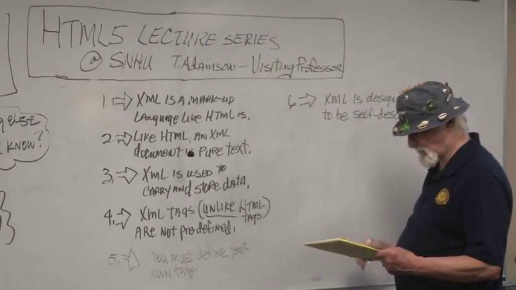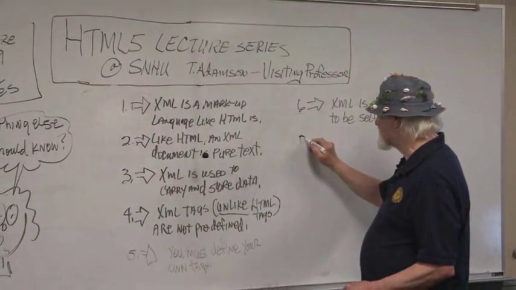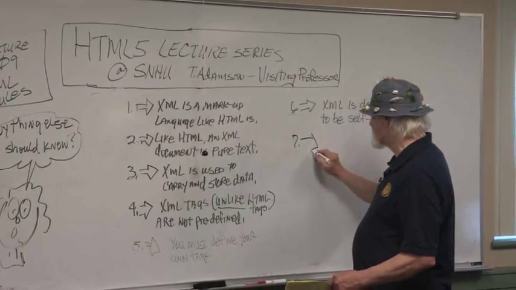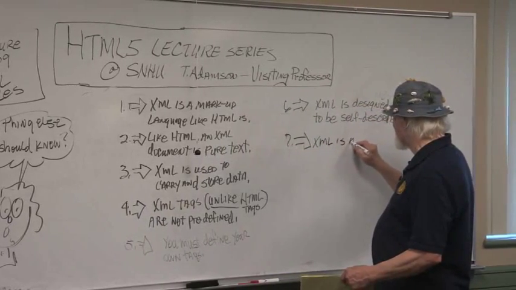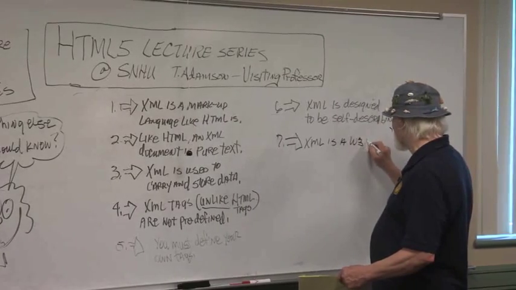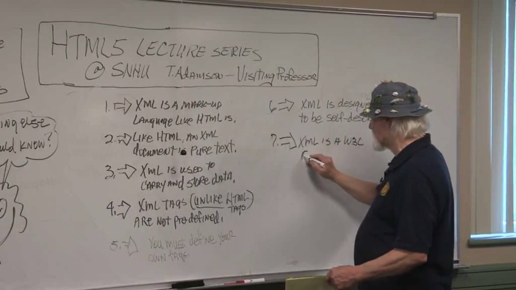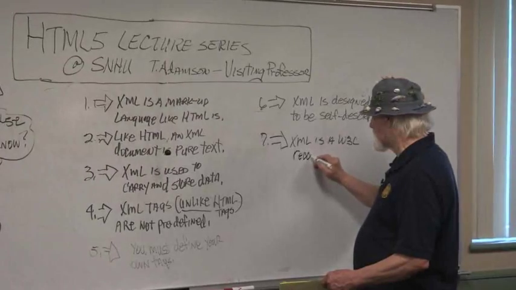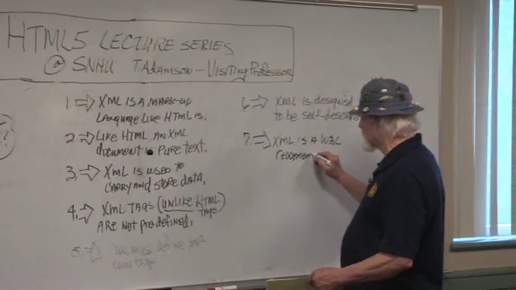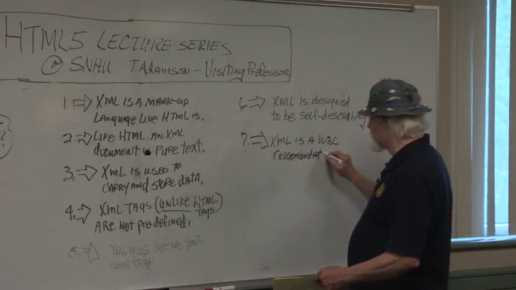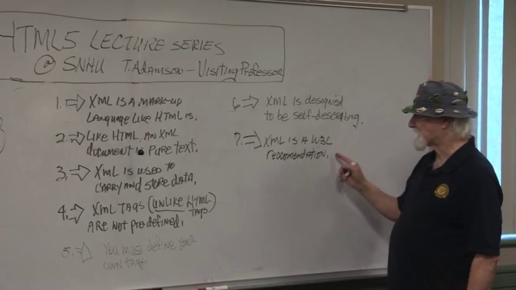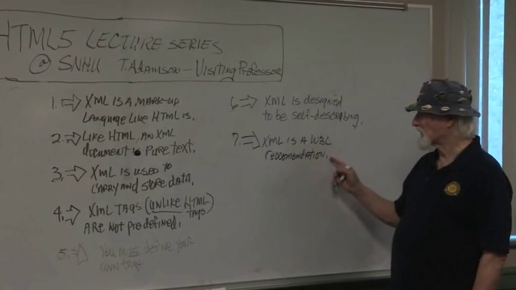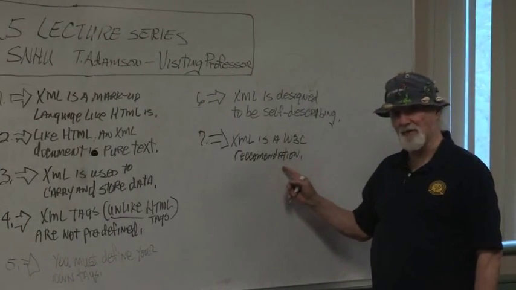All right, back here on the board, you'll be happy to know that XML is a W3C recommendation. And even though we say that the W3C sets web standards, what they really do, those standards are called recommendations.